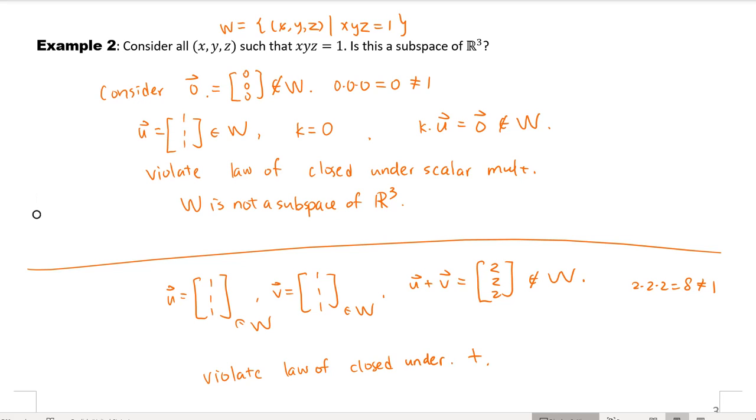So W is not a subspace of R3. Okay, so we have two counterexamples, and keep in mind you only need to show one counterexample. Here I just want to show you more, so I show two. You can pick other vectors, but you only need to show one counterexample. Okay, very good. Let's continue.